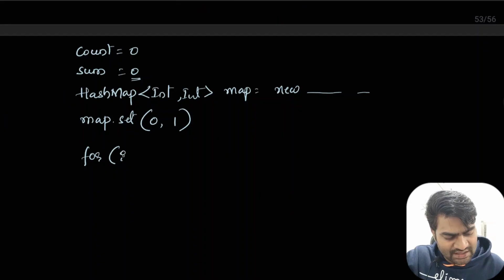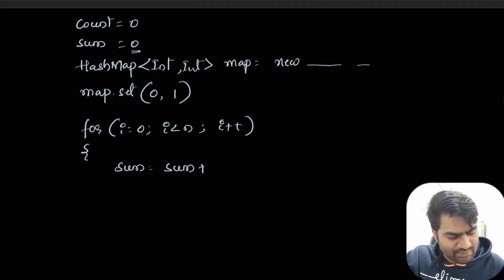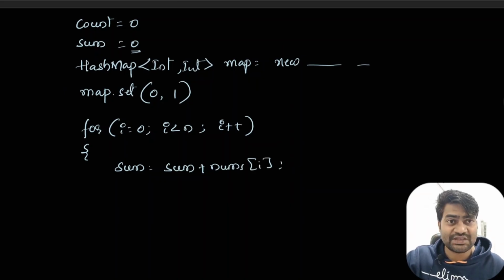So for i equal to 0, i less than n, where n is my nums array length, i plus plus. Now I will add my value to sum: sum equal to sum plus nums of i.